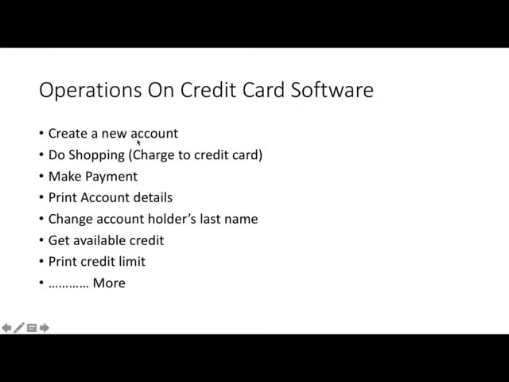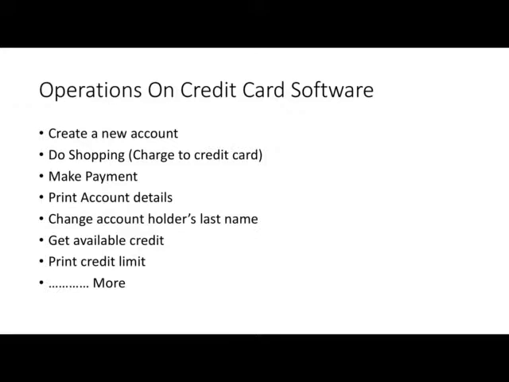We'll have operations to create a new account, do shopping, that means charge to the credit card, make payments to the credit card, print account details, change the account holder's last name, get available credit, print credit limit. And there'll be more in a big piece of software, but we're not going to do that in this case.